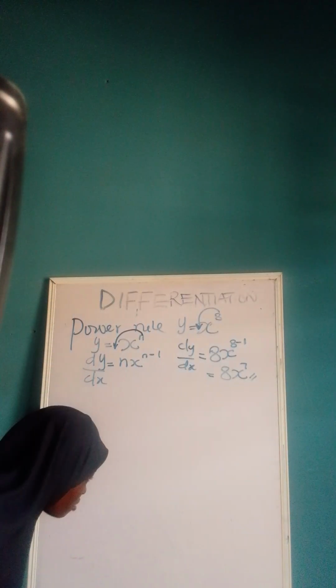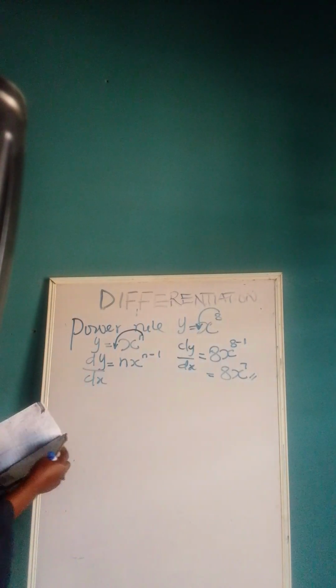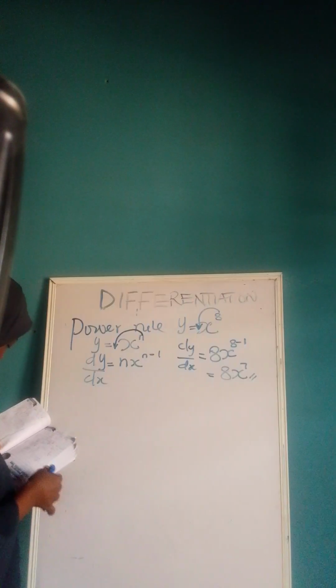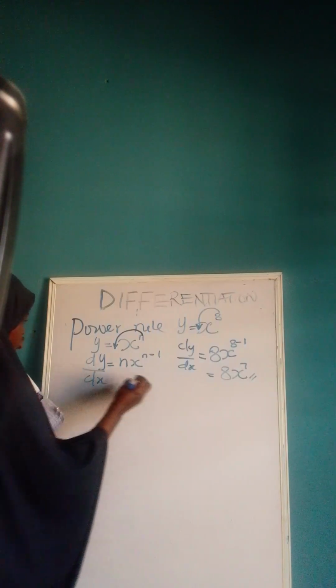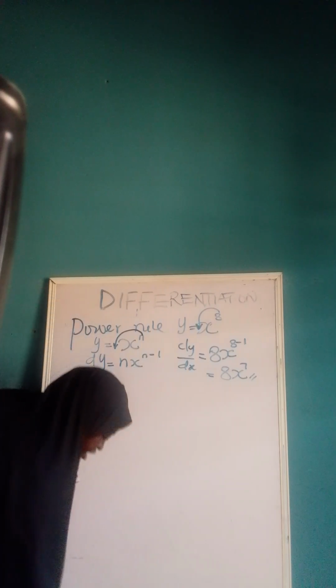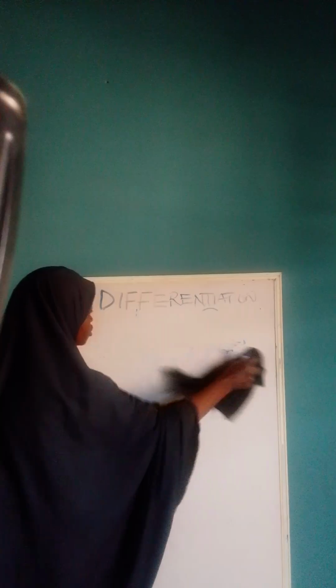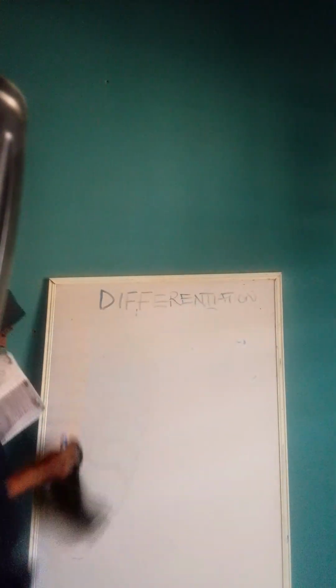We also have so many numerous examples, thousands of examples that I can provide for that one. So another example is x raised to power 5. You can just copy it and do it on your own. Let me list it on the board before we go to another concept.